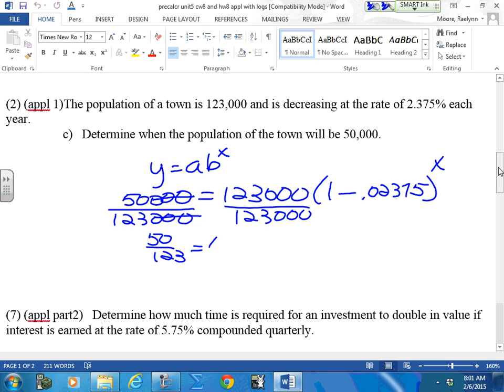Are you okay with leaving this as a fraction? Can we subtract that guy? Will that make life easier? 1 minus.